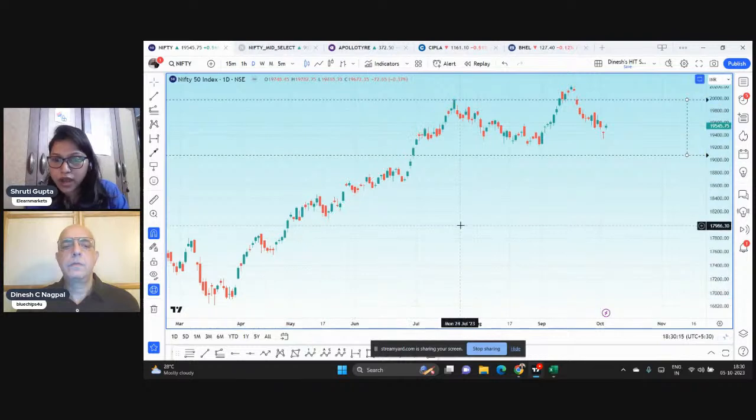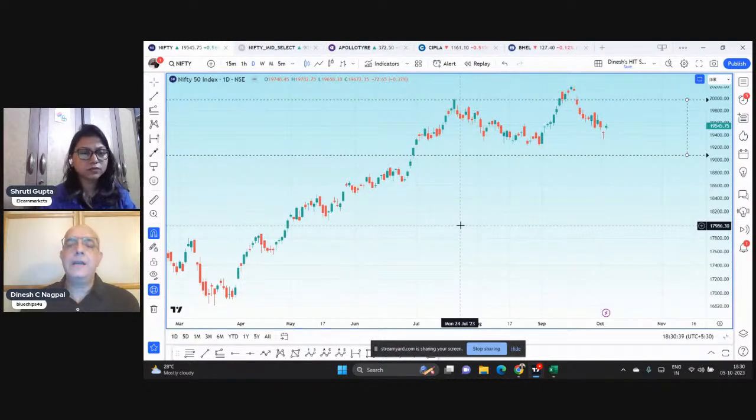Asif ji has this question: sometimes it's confusing to pick point B or C due to multiple bottoms or tops. Should we see only the ratios to select those points? The high in the case of a top, the low in the case of a bottom, not the close and the open. Always the highs and lows. Harmonic patterns consider the wick of the candle also. You cannot ignore that, because if you start ignoring the highs and lows, you might have an incorrect ratio setup.